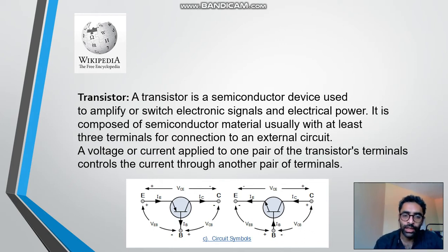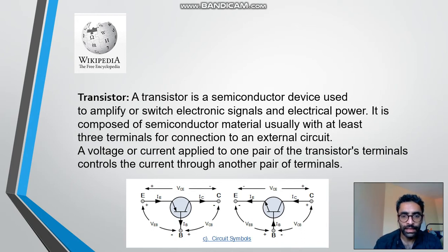So actually the proper definition of a transistor is very difficult to find, but I have found a good definition from Wikipedia, and here I have quoted it, right? Wikipedia defines a transistor as: a transistor is a semiconductor device used to amplify or switch electronic signals and electrical power.